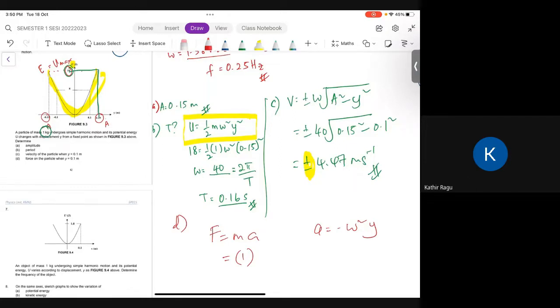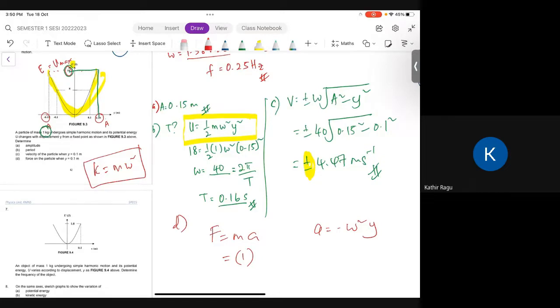Saya tak boleh guna F equals to Kx because I don't have the spring constant. Mana ada spring constant dalam ni? Boleh ke cari spring constant? Ya, awak ada U kan? U sama dengan, guna yang apa tu? K omega? Okay, M omega squared. Boleh kalau nak guna yang F equals to Kx lah, boleh.